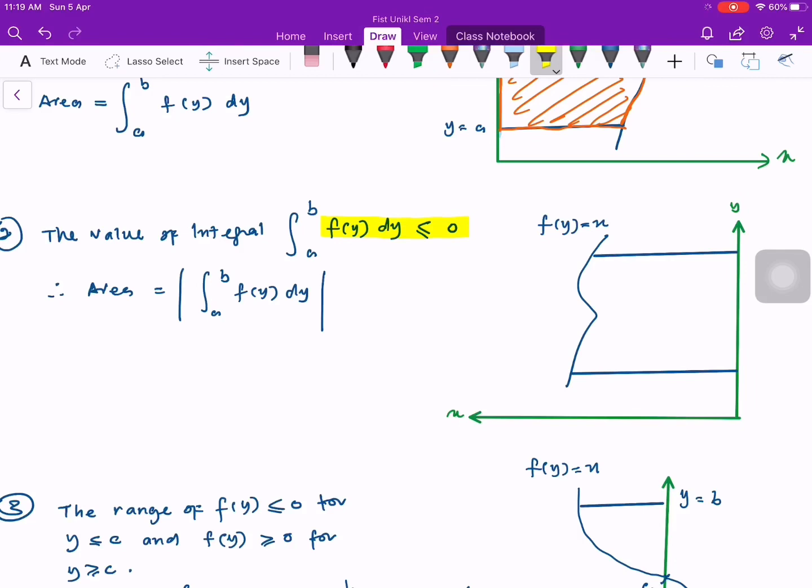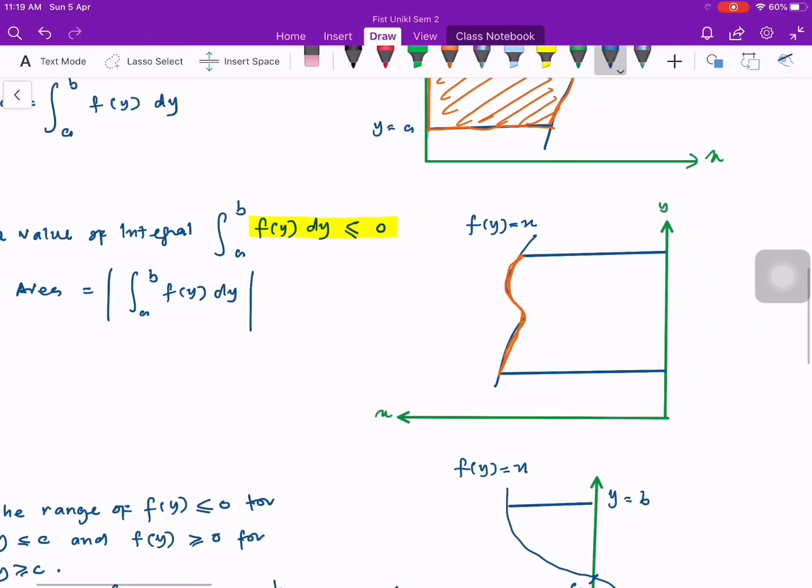So kita tengok the regions that involve, which is this is actually f(y), and we have, okay, this is, let's say this is b and a, and this is actually y. Okay, y is equals to b, y is equals to a, and the region involved is y is equals to b, y is equals to a, and the y-axis. Okay, so this is the region that we're looking for.